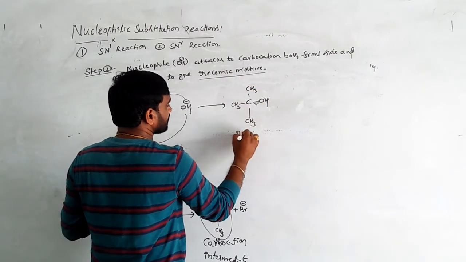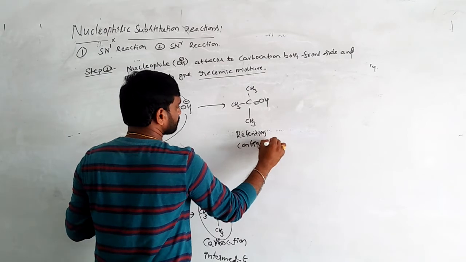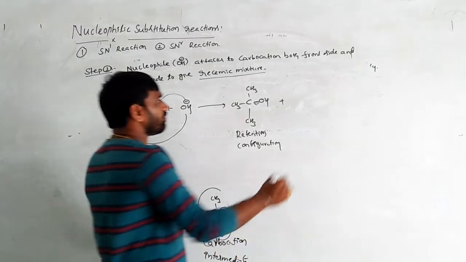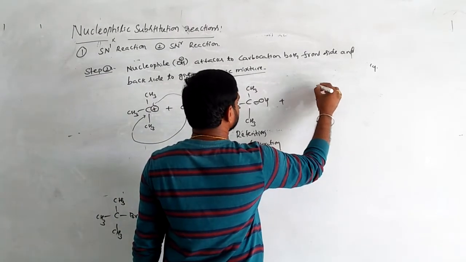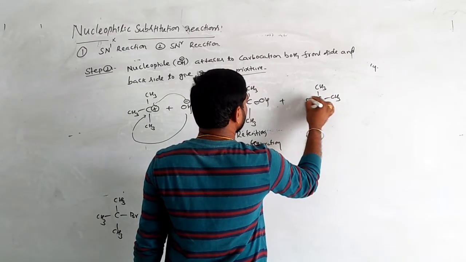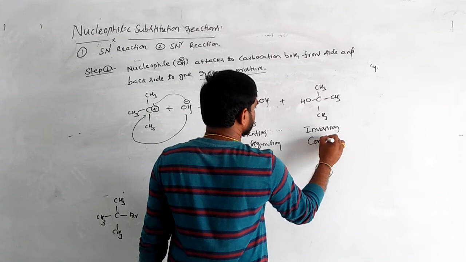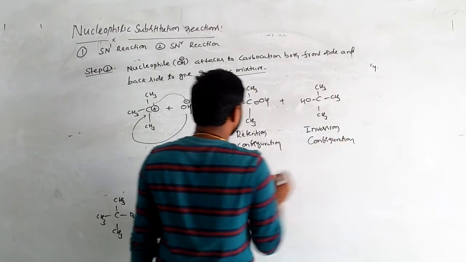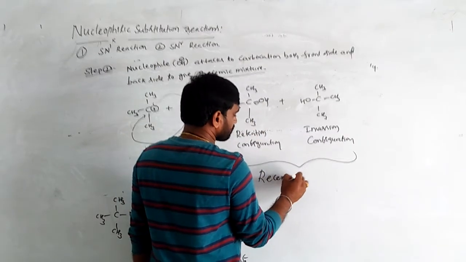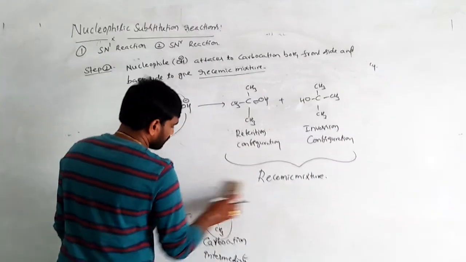This is the retention configuration. And the second one, the nucleophile attached to the backside forms the inversion configuration, CH3 OH. This is the inversion configuration. Both the retention and inversion configurations together are known as a racemic mixture. Okay, students.